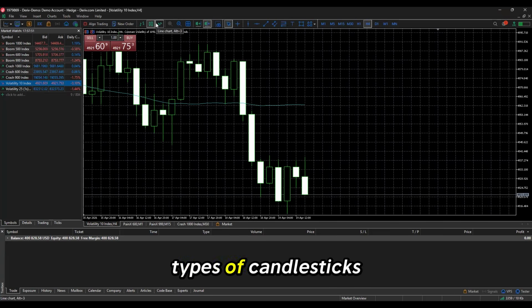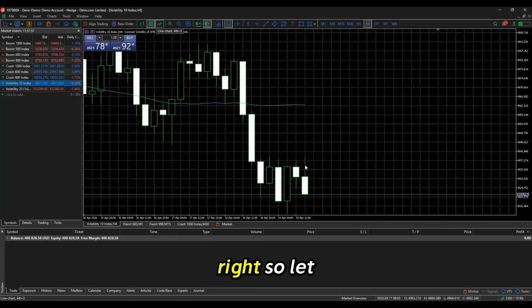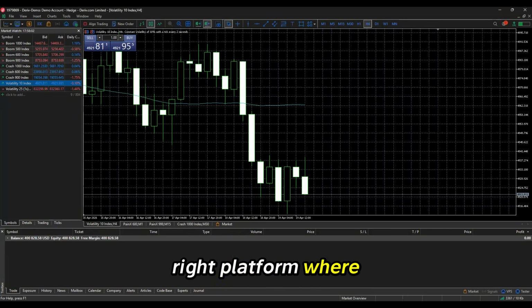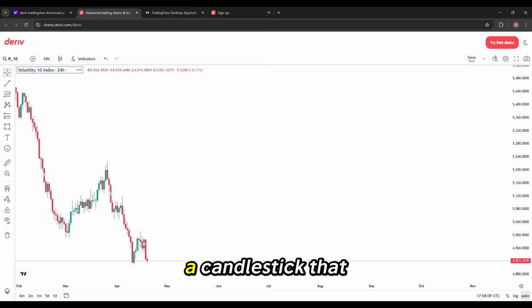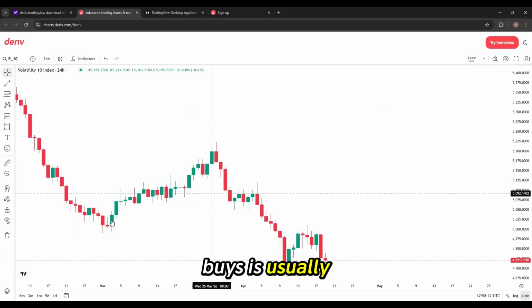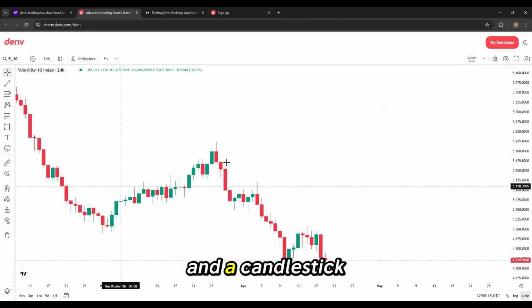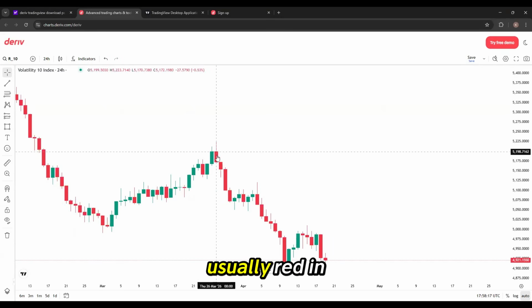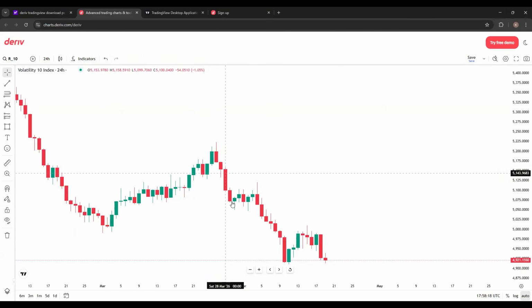We have two types of candlesticks. We have a candlestick that buys and we have a candlestick that sells. A candlestick that buys is usually green in color and a candlestick that sells is usually red in color.